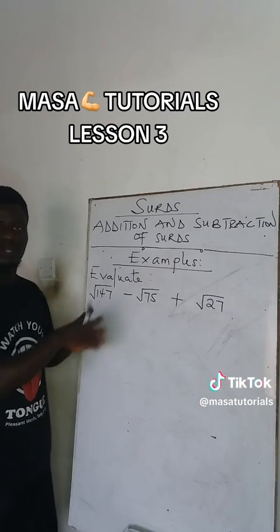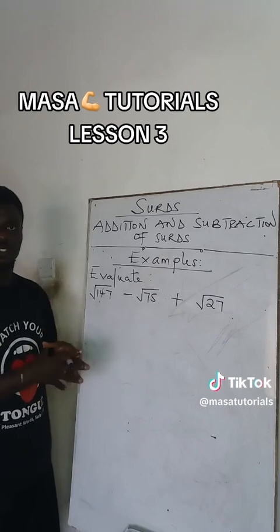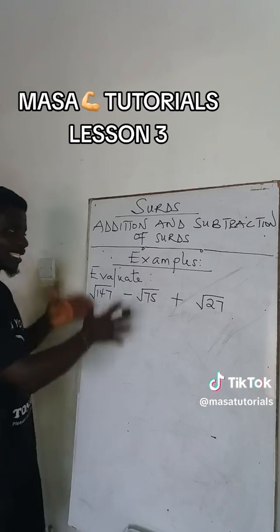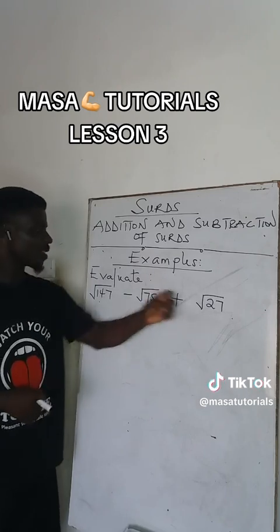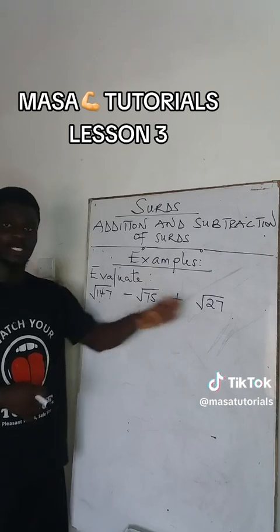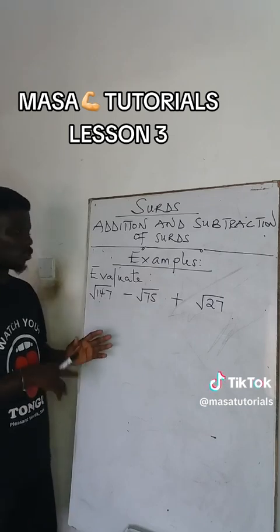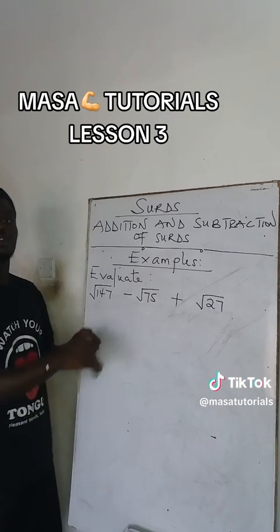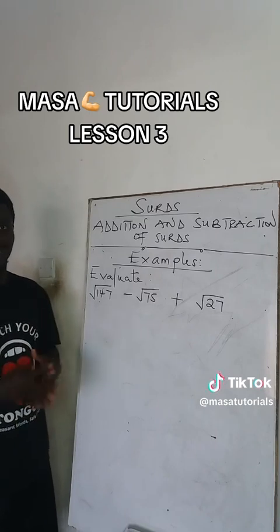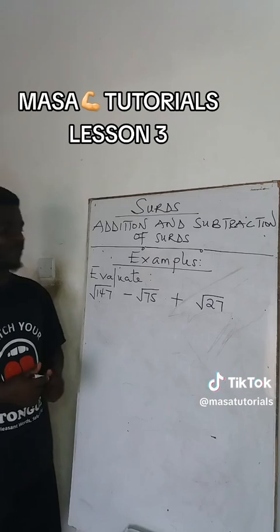So let's simplify the expression here. When you check and the values inside are not the same, then you don't know whether to subtract or add. So you need to reduce each one to its simplest form.